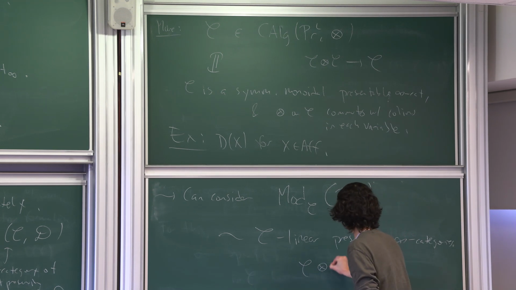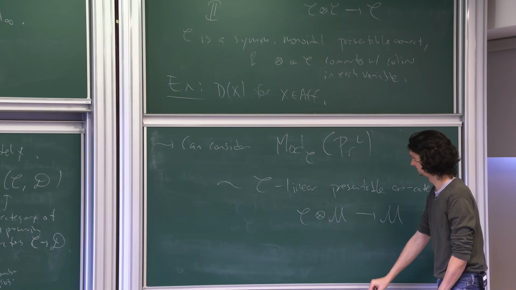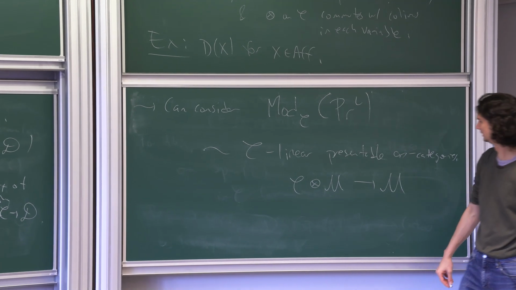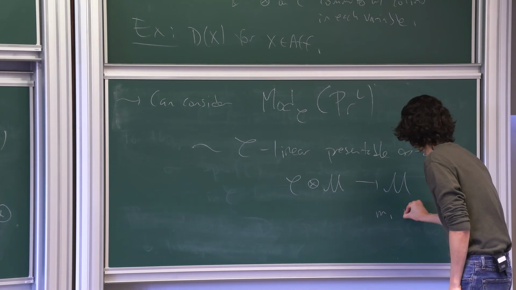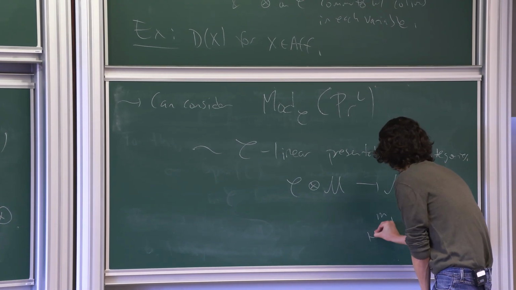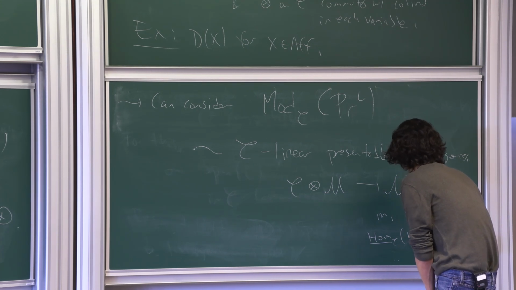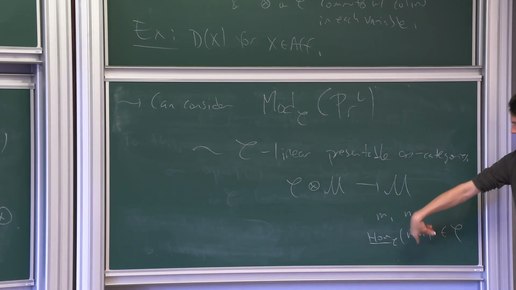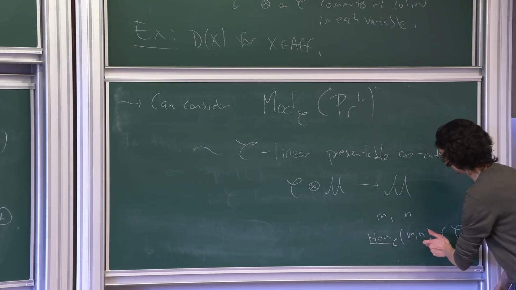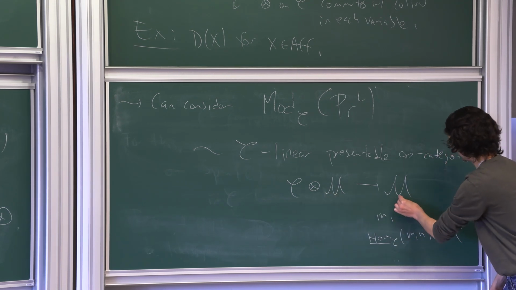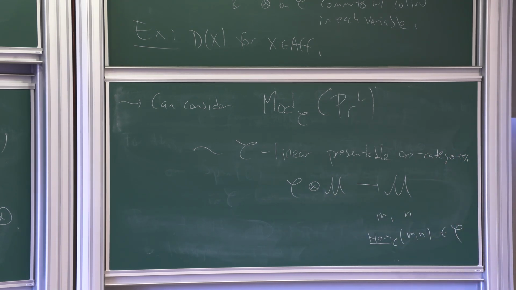You have C tensor M going to M. That's the basic structure that you have here. But then if you have any two objects M and N in here, you can make a C internal Hom from M to N as an adjoint to a functor you can easily write down here. So maps from an object in C to this should be the same as maps from C tensor M to N in M. So it's a convenient way of saying you have a presentable infinity category where the mapping spaces are enriched in objects in C.